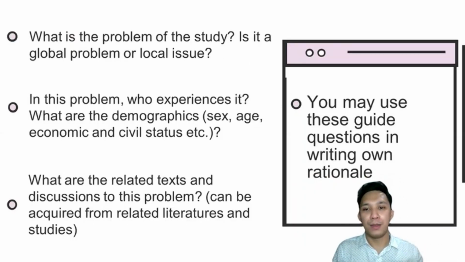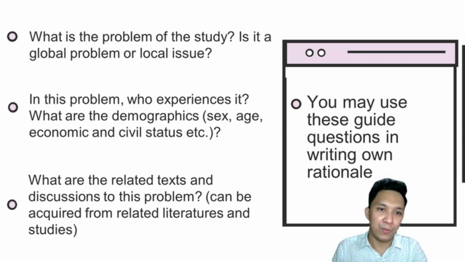Now, to help you further, these are the guide questions in writing your own rationale. First, you identify what is the problem of the study. Is it a global problem or a local issue? If it is rather a global problem, how can you make it localized so that you can use it in our locality?